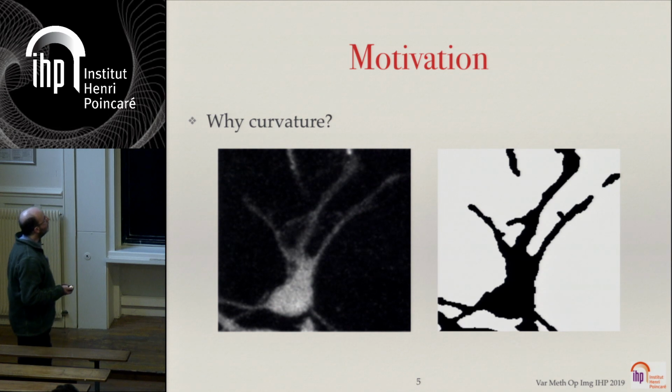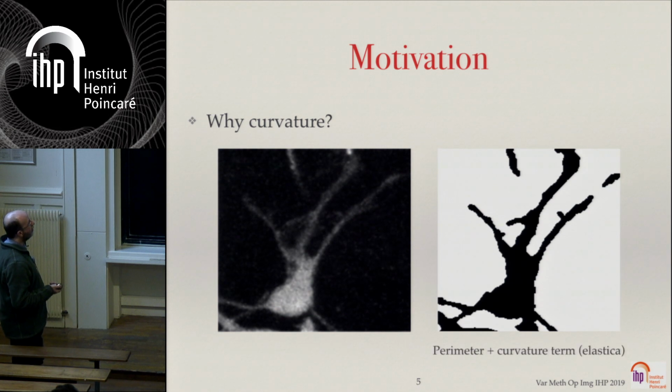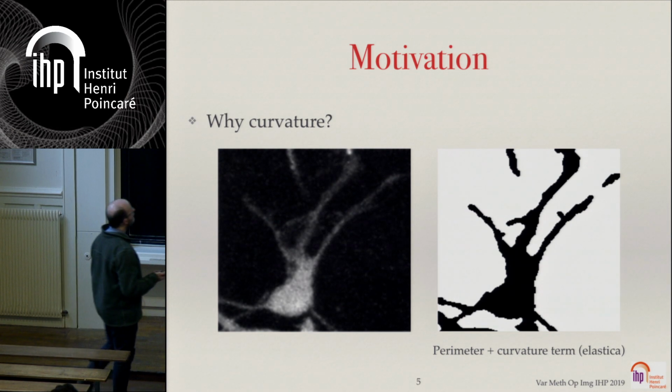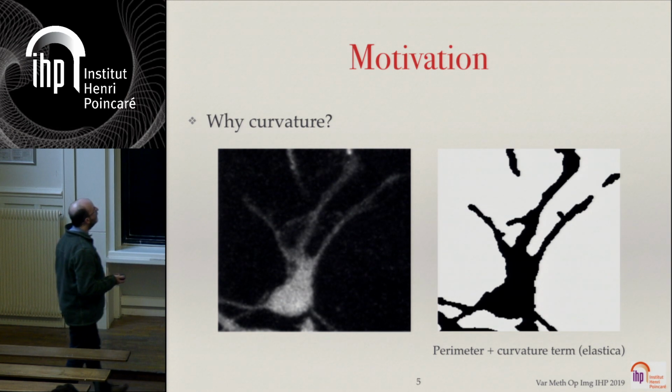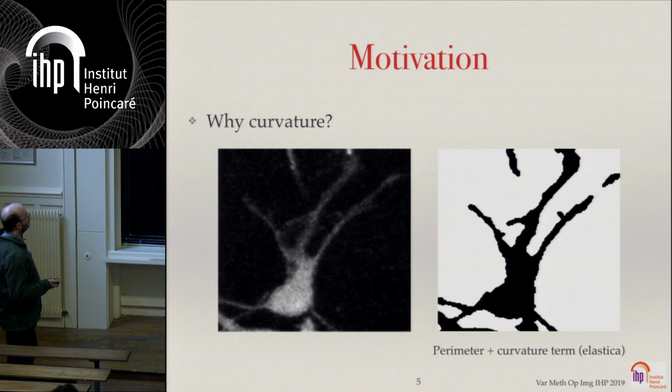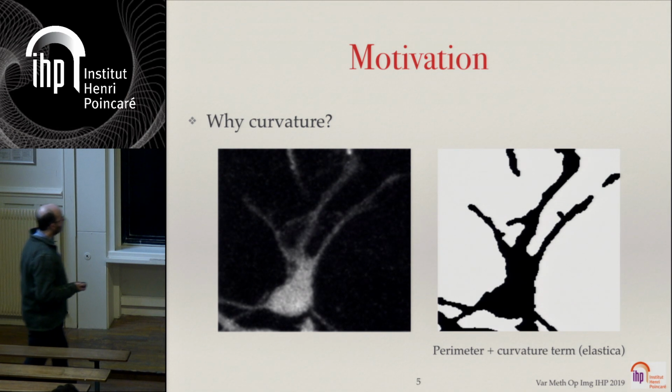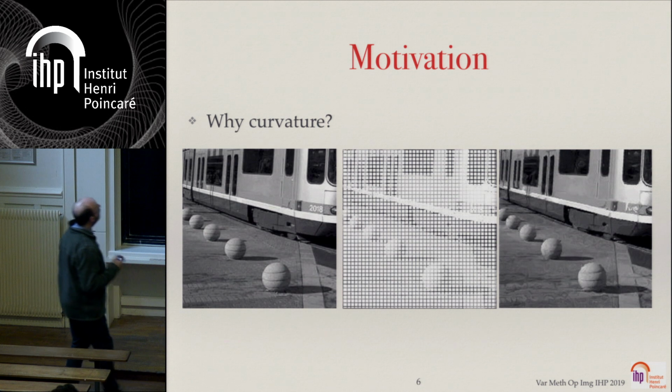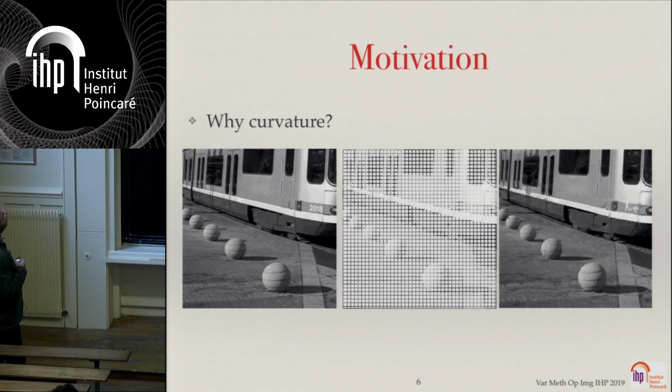On the contrary, if we use the elastic completion, the perimeter plus the curvature term, the elastica, then we have a good chance of finding a good completion, a good curve. It's not perfect, but it's better.